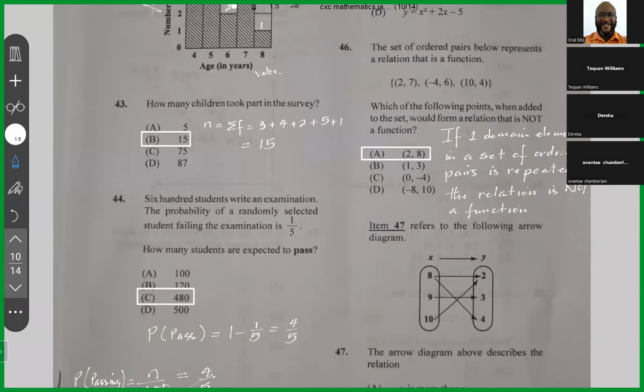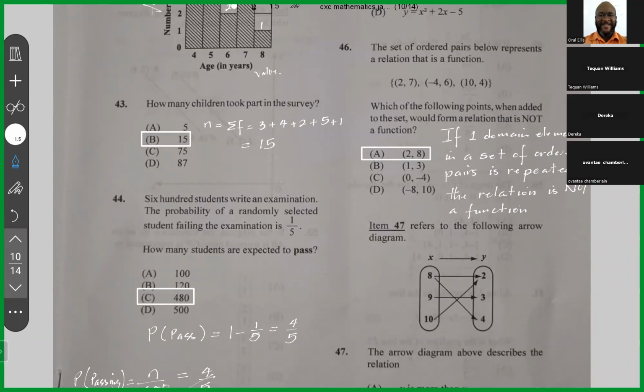I'm not sure. Now, they said the set of ordered pairs below represents a relation that is a function. Which of the following points, when added to the sets, would form a relation that is not a function?